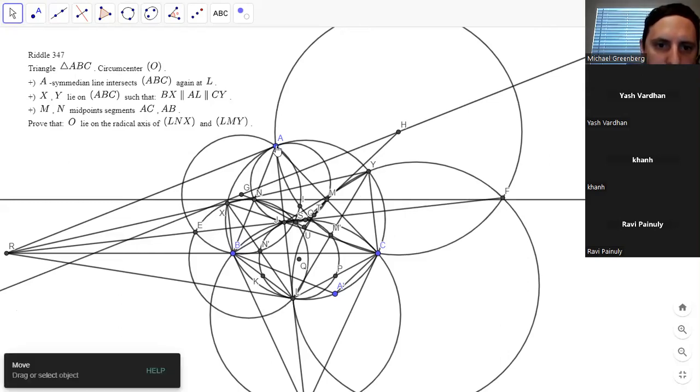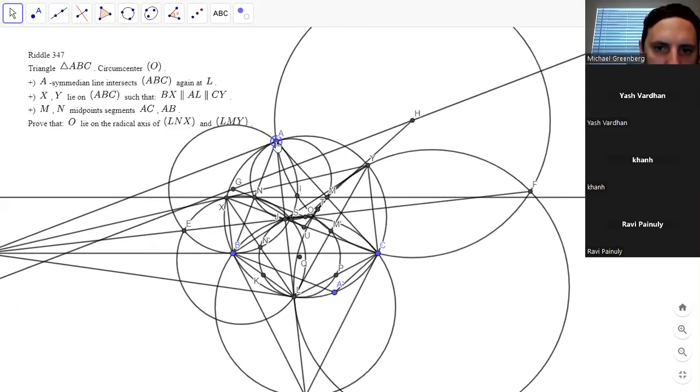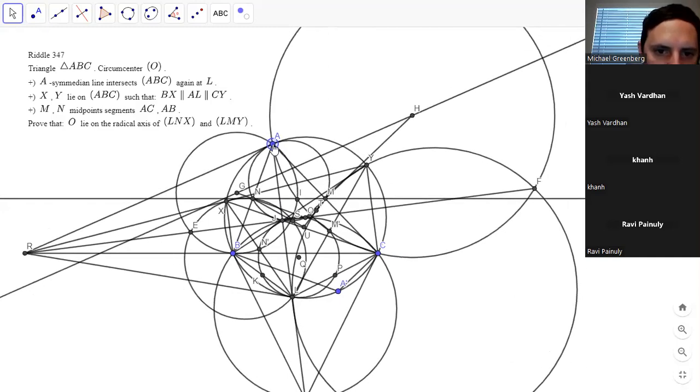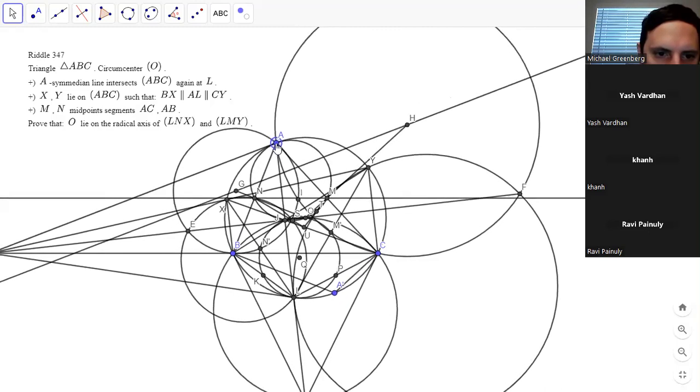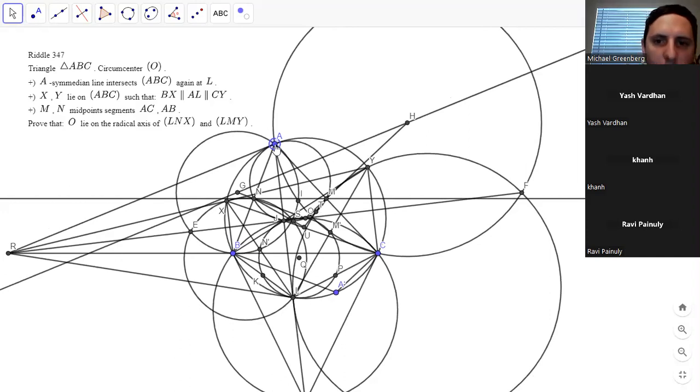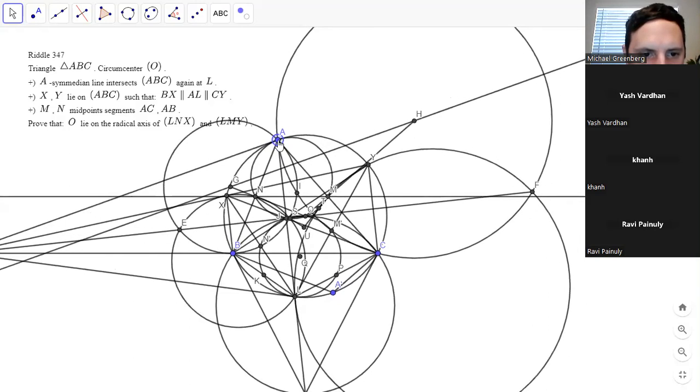That would be pretty significant if that were true. That's not true in general. So I wonder if there's anything we can say about this point right here.